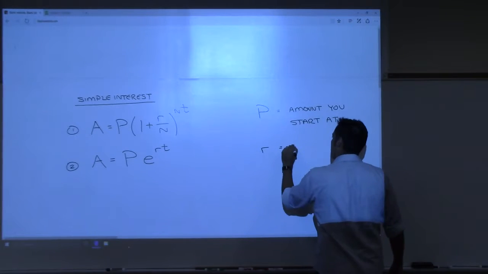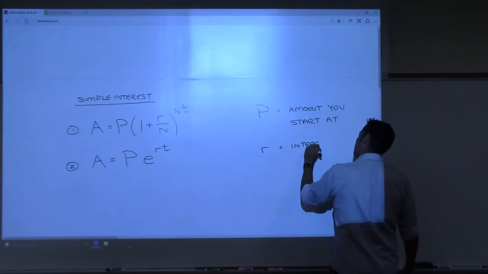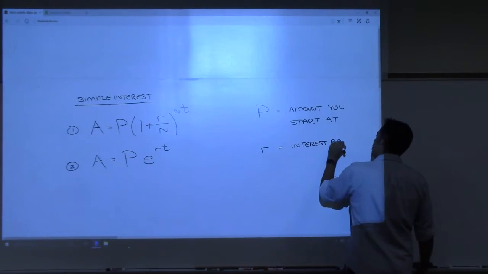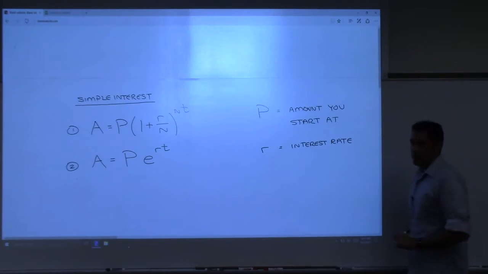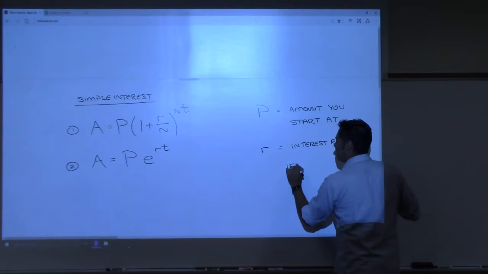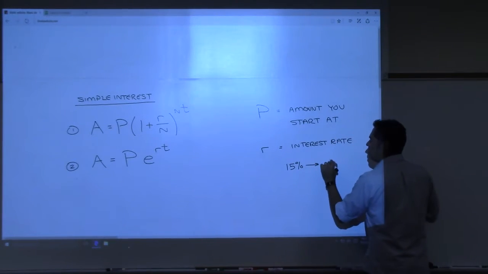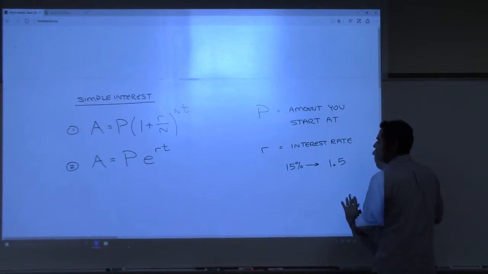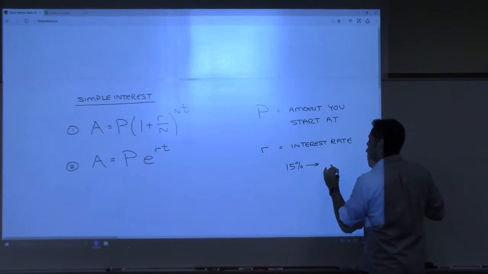This is the interest rate. And just be careful with interest rate, because when you're using the formula, if it's a 15% interest rate, you have to convert that to 0.15.